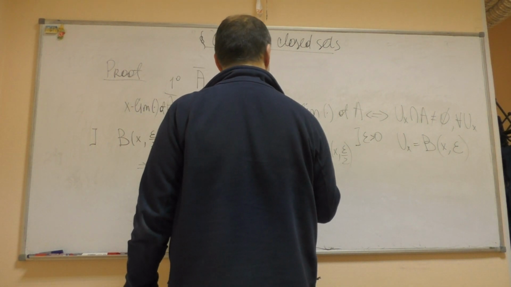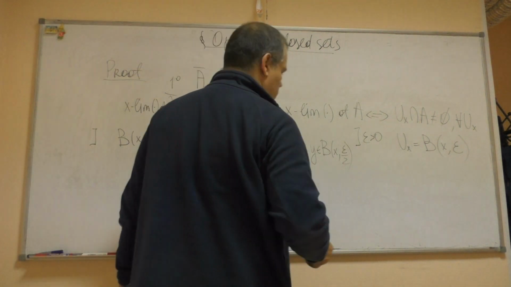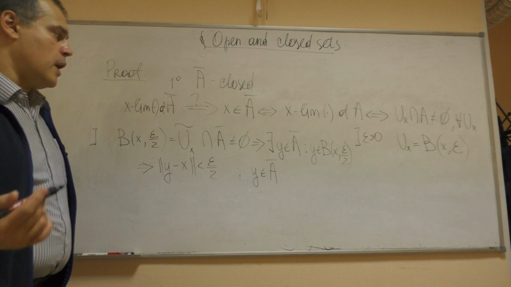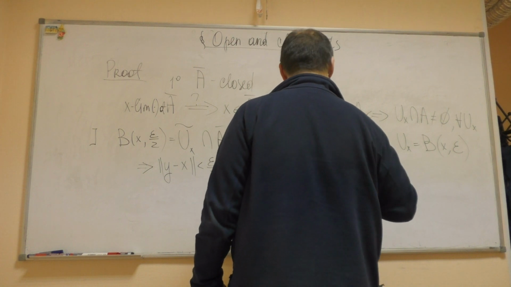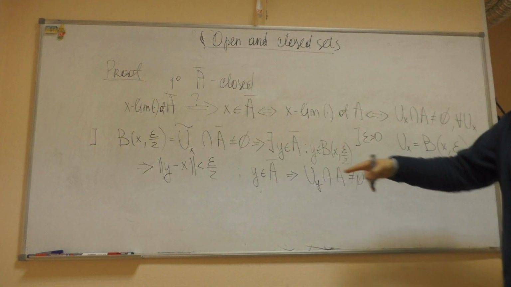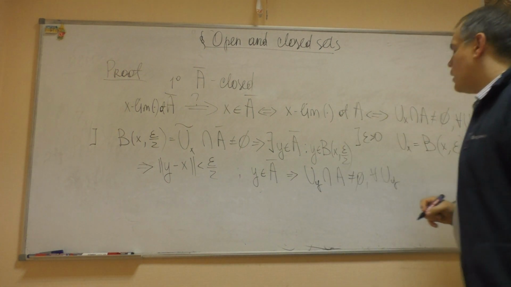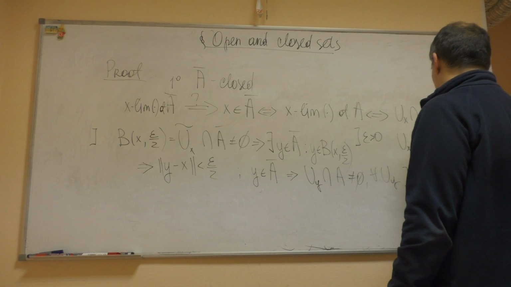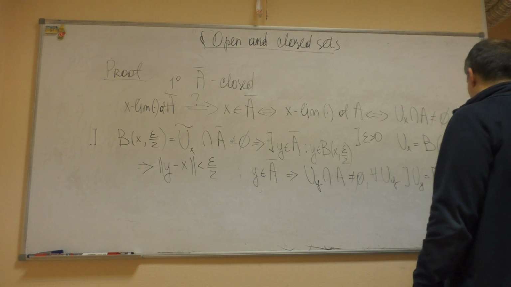Y is an element of the closure. By definition of closure, it is a limit point of A. So y has a non-empty intersection with A for any neighborhood of y, and for such a neighborhood we can take the ball with center y and radius half epsilon.